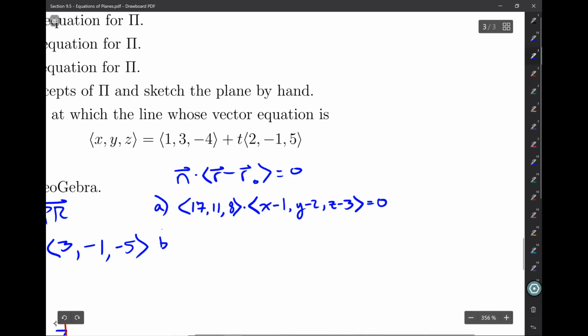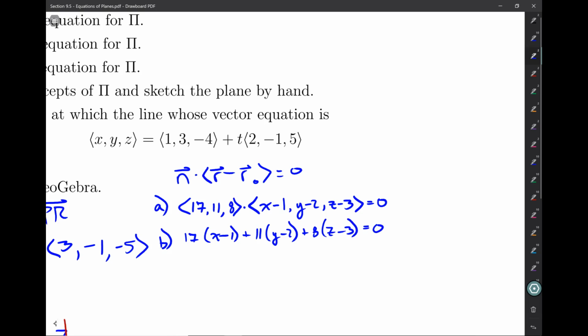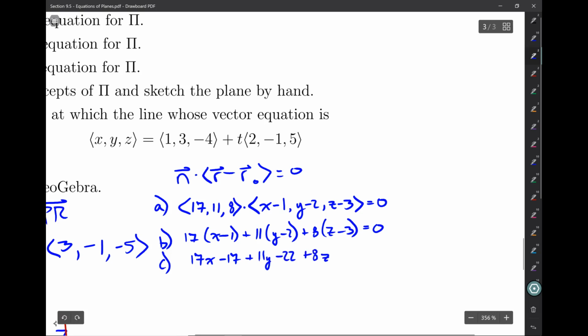Now we need our scalar equation, so we just need to multiply this dot product out. So we have 17 times x minus 1 plus 11 times y minus 2 plus 8 times z minus 3. That's equal to 0. This is our scalar equation. In order to get our linear equation, we multiply this out even more. We get 17x minus 17 plus 11y minus 22 plus 8z minus 24.